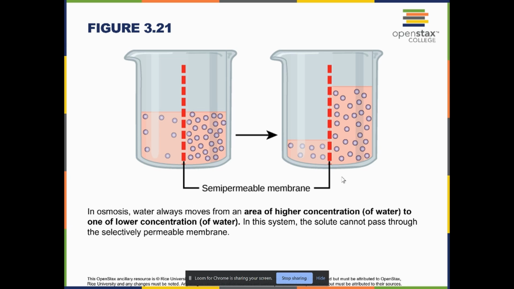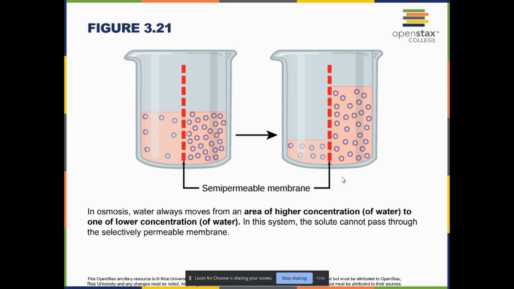In osmosis, water always moves from an area of higher concentration of water to one of a lower concentration of water. And so if in a system like this, the solute, the dots dissolved in the water, can't move, the water will. And notice that the water is moving from left to right, because if there's less solute on that left side, that means there must be more water.